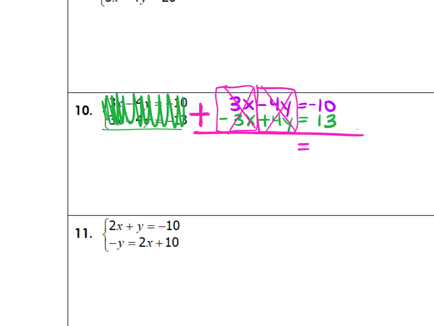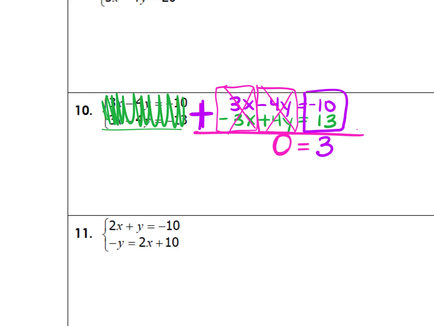So you have your equal sign here, but we got to just put a 0 over here if there's nothing left. Okay, so if there's nothing there, put the 0 in. If only one of them zeroes out, then you don't have to put the 0 in. But if that's the only thing on that side of the equation, make sure you write in the 0. And then on the right side, you have -10 plus 13, right? We're still using that plus sign. So that's going to be 3.